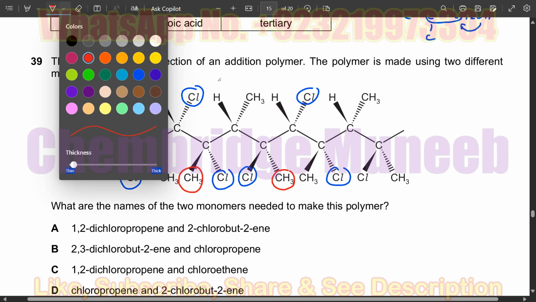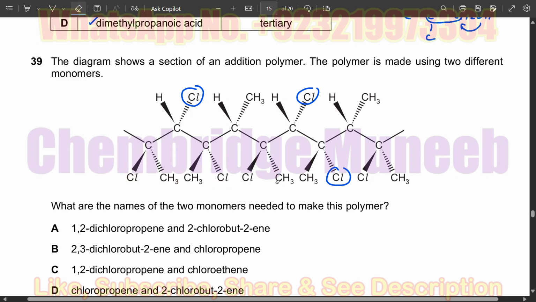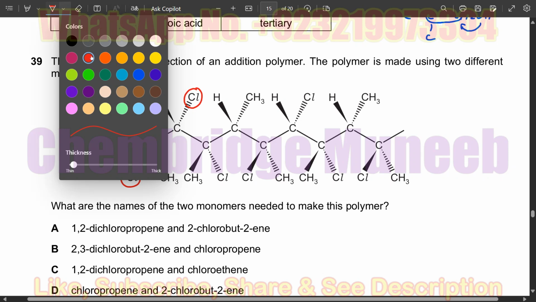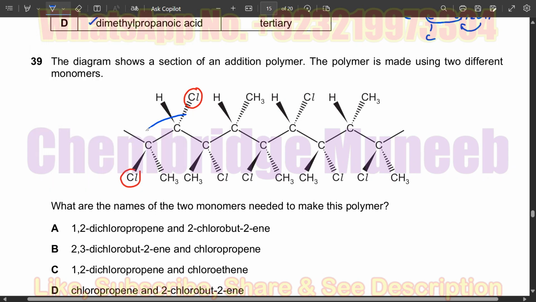Now the next step is that you have to dissect them, or take out the parts which are basically different here. Now if I see this chlorine and this chlorine present on this chain of three carbon atoms, I have these two chlorines present on this carbon chain, and the next part is basically a chain of four carbon atoms.